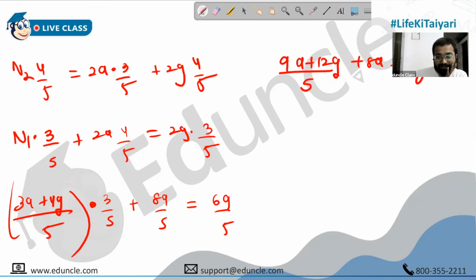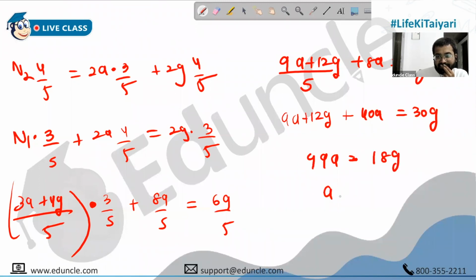So we have got 9a plus 12g plus 5 into 8a, that's 40a, and 5 into 6g, that's 30g. Are we getting something now? 49a equals 18g, so a is 18g upon 49, if the calculation is correct.